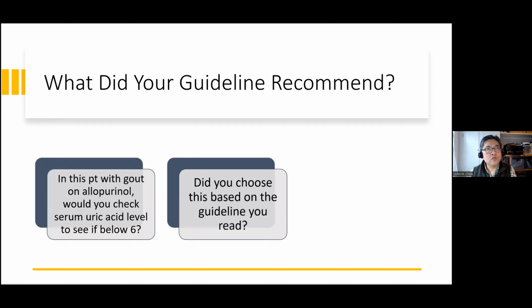So is anyone willing to say that they changed their vote based on the guideline that they read? Yes, I'm willing to say. I read the ACP guidelines, and their appraisal was that there was insufficient evidence to compare treating to a uric acid goal versus clinical outcomes.